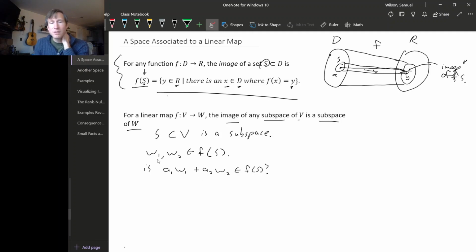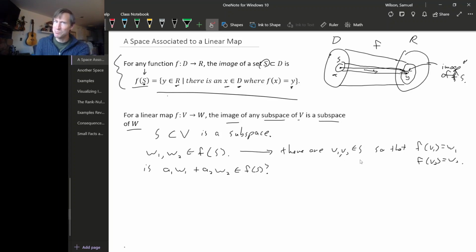Well, W1 and W2 are in the image of S. This implies that there are V1 and V2 in S so that f of V1 is W1 and f of V2 is W2. This is just a fancy way of saying, since W1 and W2 are in the image, they have to get hit by something.